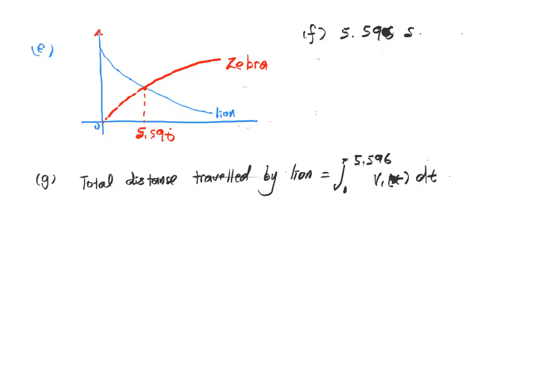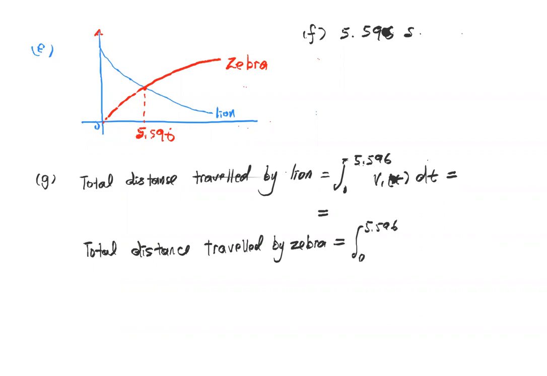Okay, then you get the answer. Then total distance traveled by zebra. This one we don't have to split because the whole graph is above the t-axis. Equal to the integral from 0 to 5.596 of V2(t) dt. Okay, then you get the answer.